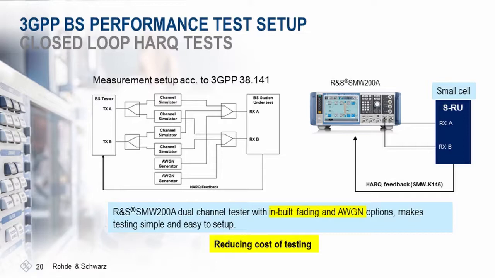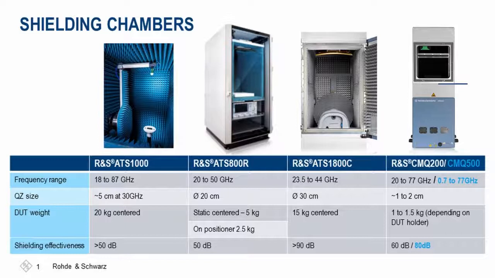So as we learned, for millimeter wave small cells, we need the chambers to do the measurements. So here I show a part of the Rohde-Schwarz chamber portfolio, which are suitable for small cells. Starting from ATS 1000, which I introduced already in case of antenna in package measurements.